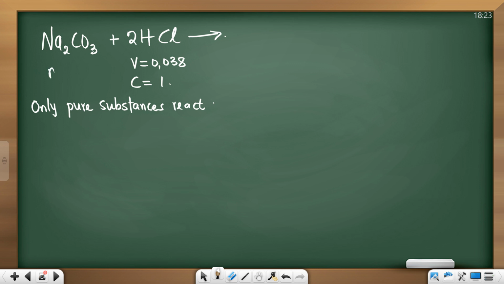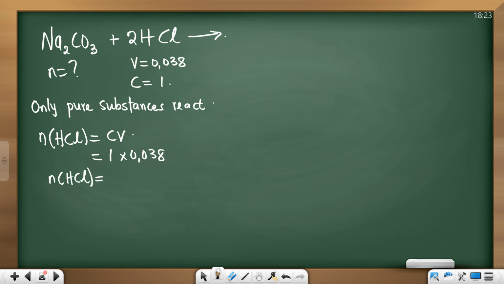So there's a reaction here, and I don't know the number of moles. But I can get the number of moles of HCl. I'm going to tell you something right now, guys, when I finish this. What is the concentration? 1. What is the volume? 0,038. So the number of moles of HCl is, I'm going to make this clear because some of you just think, oh, this guy is just going on.